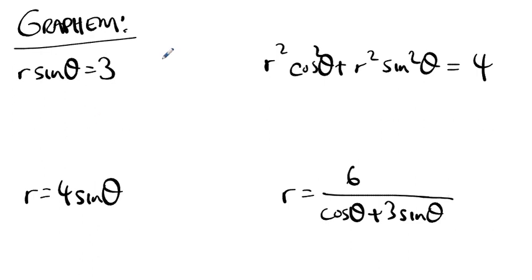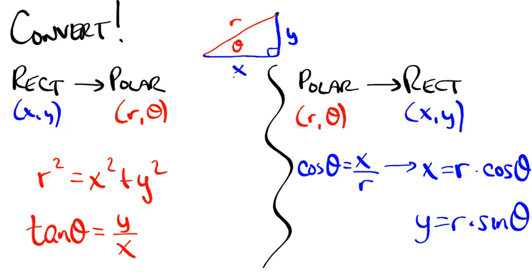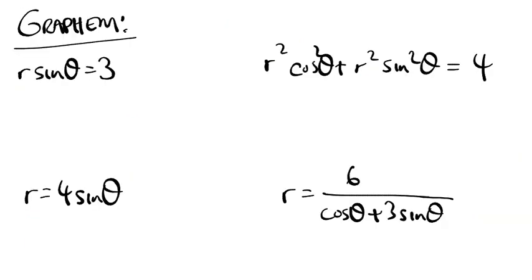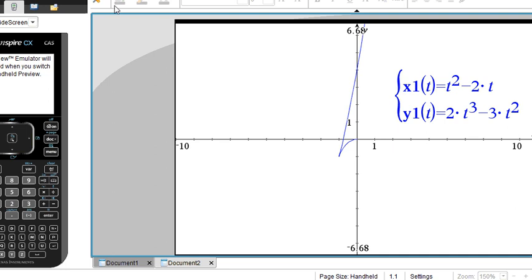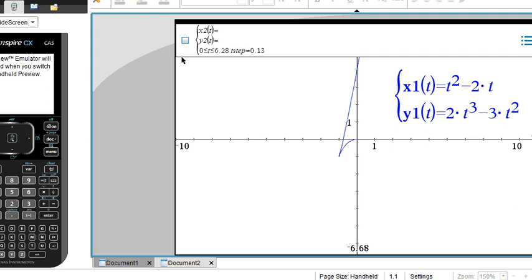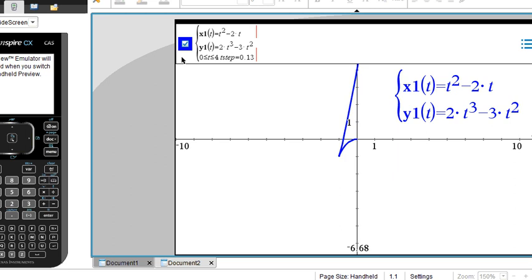So some of this is going to be guided by algebra, using these bits of information to convert from polar to rectangular here. You may also choose to use your calculator, because, permit me for a moment to completely uncheck this.